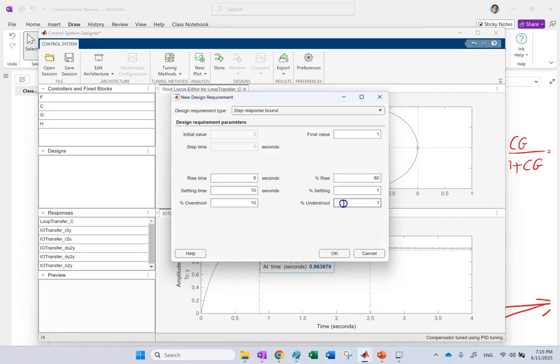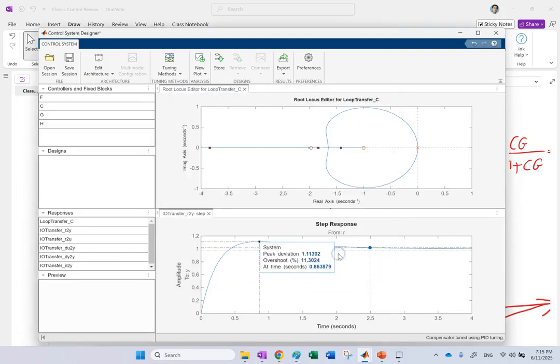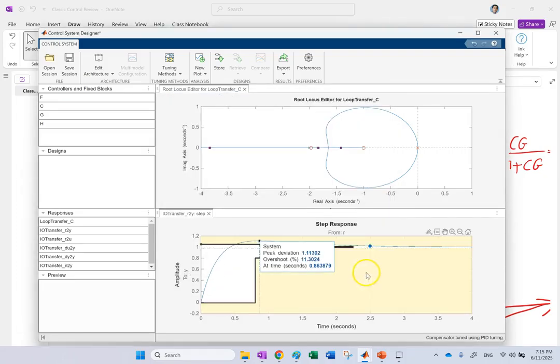Let's see. Rise time must be less than that, of course. So rise time of, I don't know, 0.8, settling time of 1.5, and overshoot of 5%. Could you get that to me? Okay, so I okay that and let it do the job. Let's see if it can tune it for me.